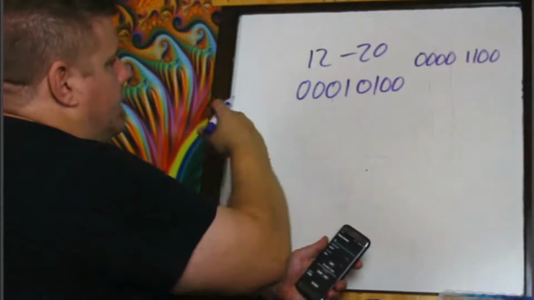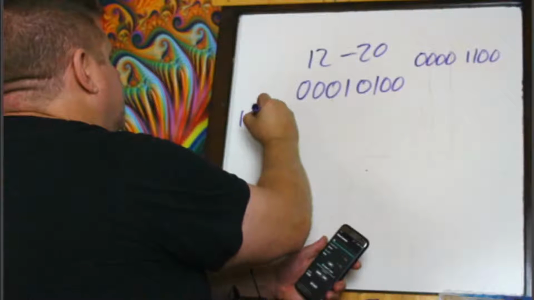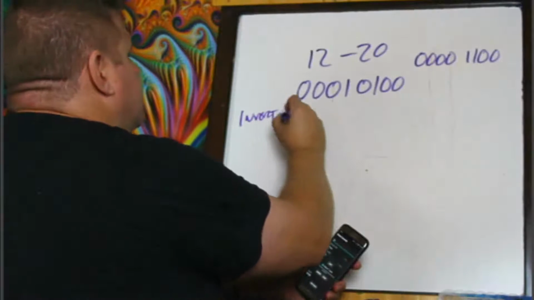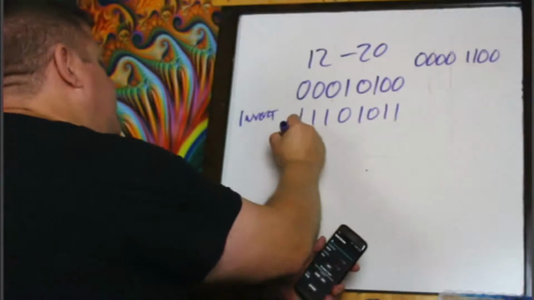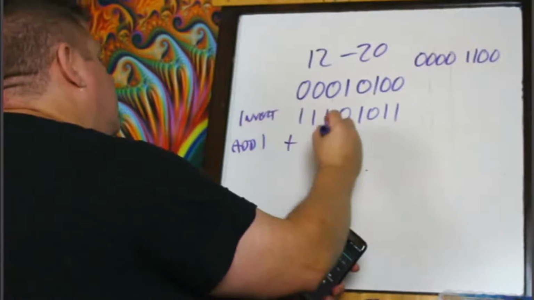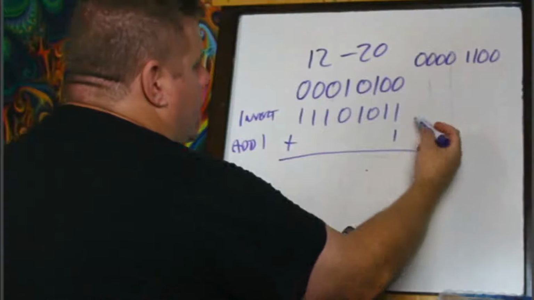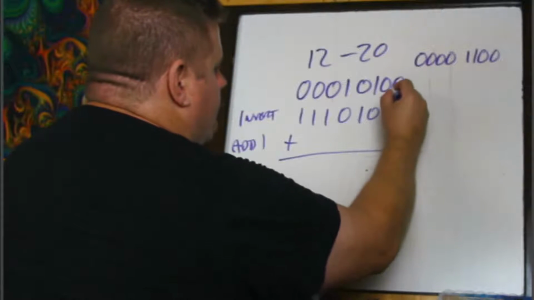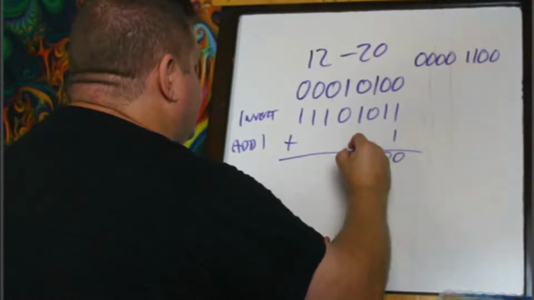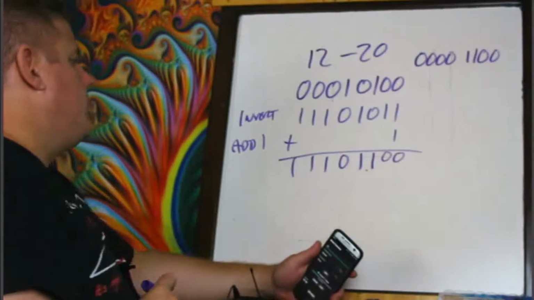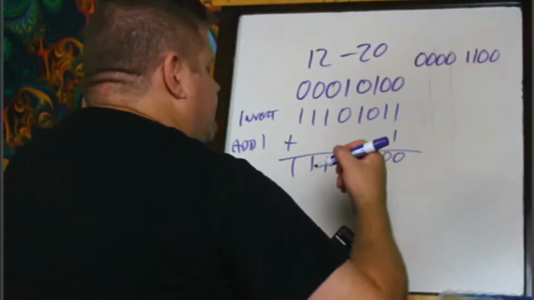First thing we do is invert, and we get 1, 1, 1, 0, 1, 0, 1, 1. Add 1 to it. 1 plus 1 is 2, carry the 1. 1 plus 1 is 2, 0, carry the 1. 1 plus 0 is 1, and then I just write everything else down.